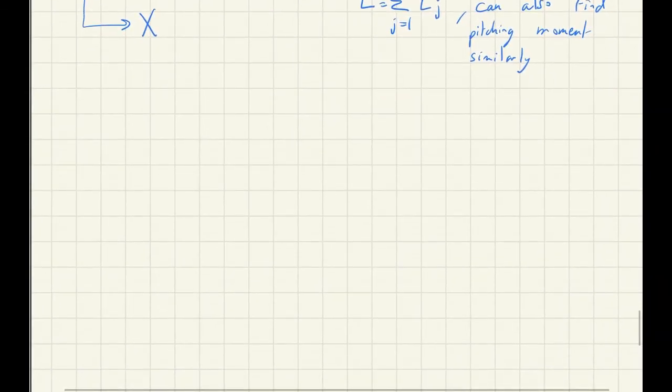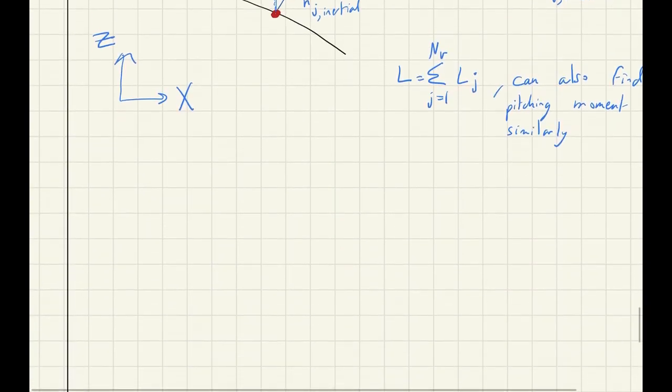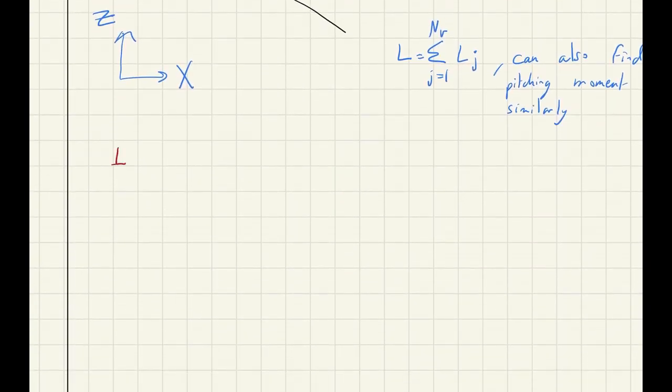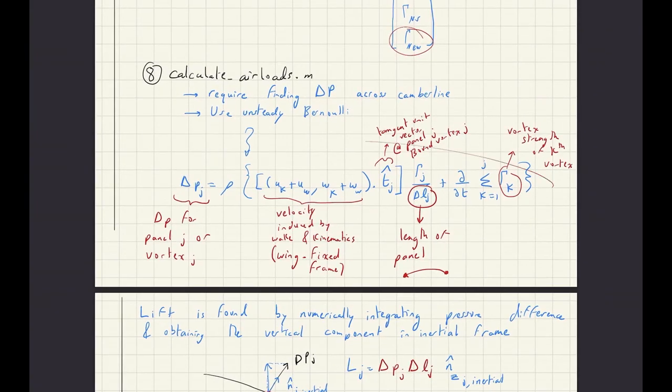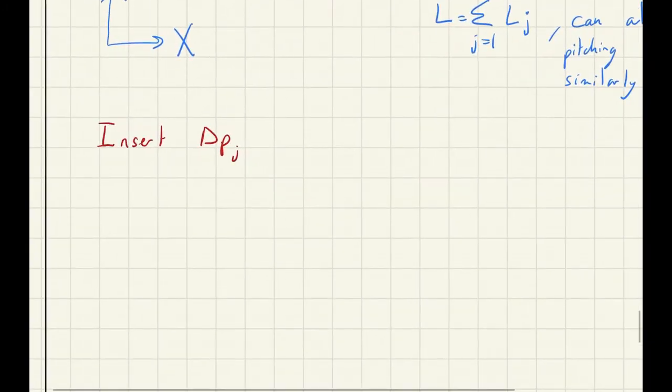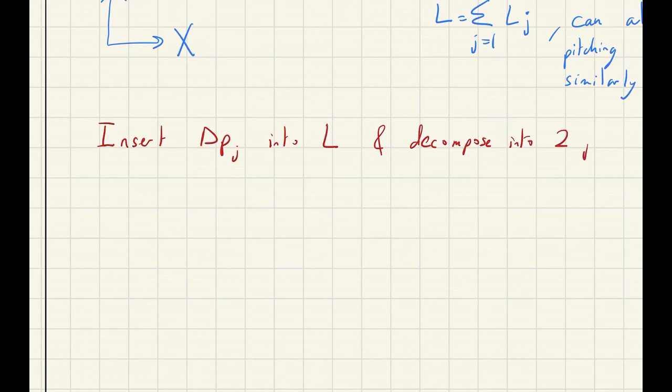So here I'm going to do some manipulation. Let's insert the delta Pj equation, which is the equation we found here, into the lift equation and decompose it into two parts.